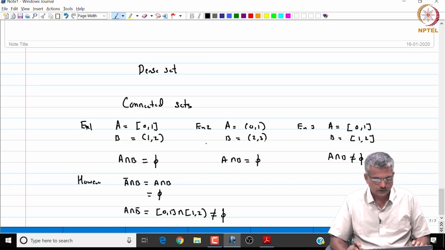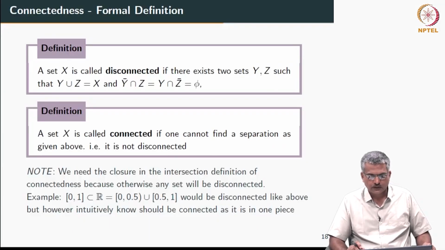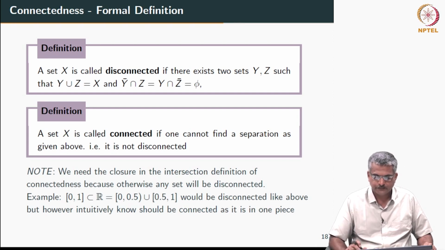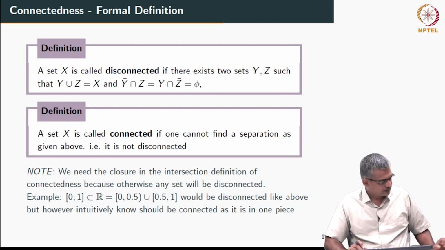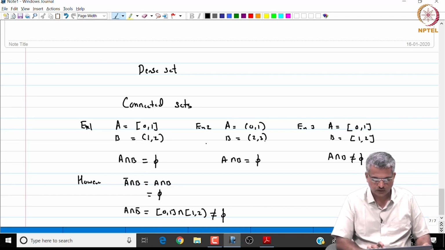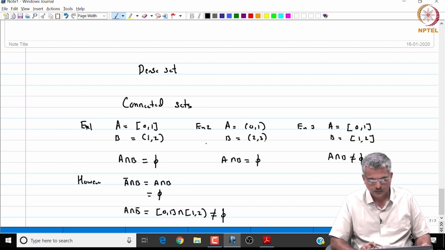So, let us go back to the definition. Are A and B disconnected? Well, for them to be disconnected, their intersections with the closures should be empty, and that is not true in this case, because you have a non-empty intersection in one of the two cases, right.